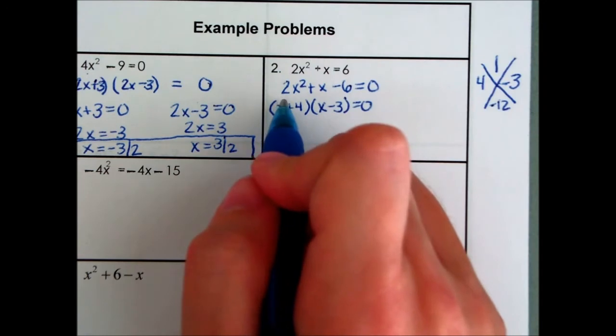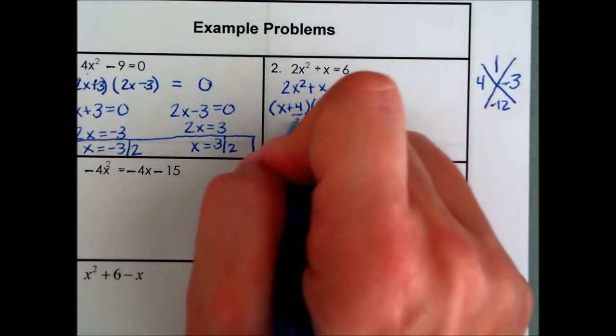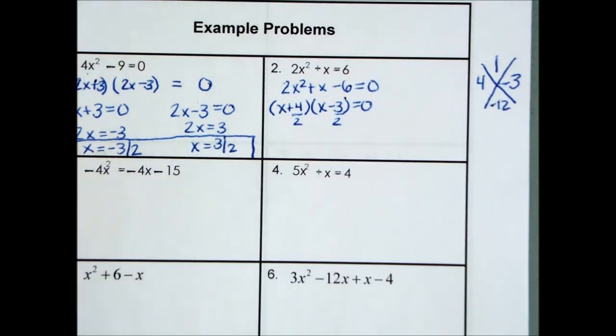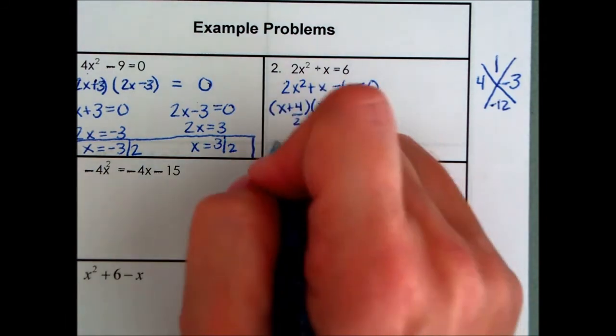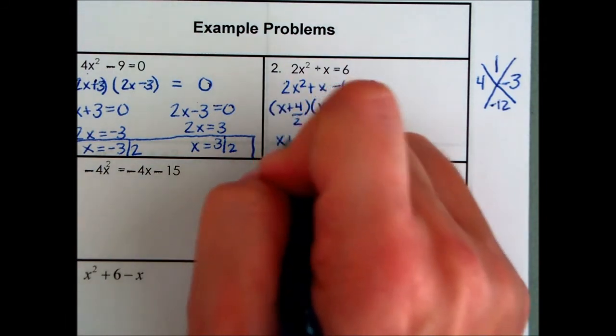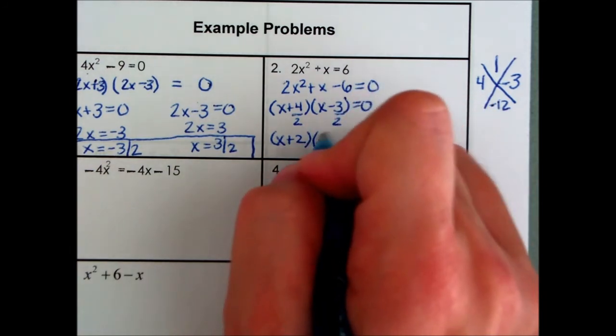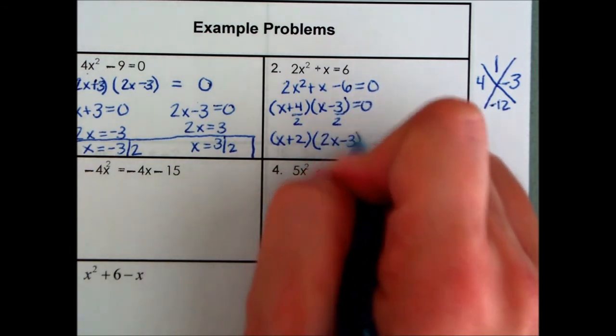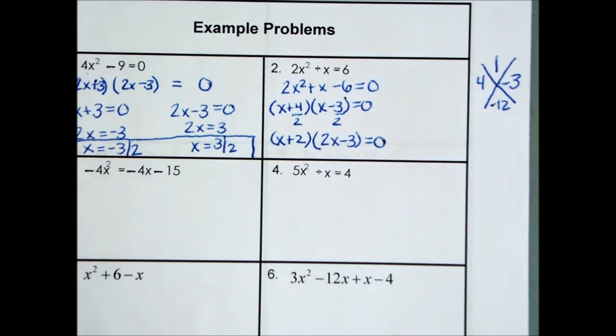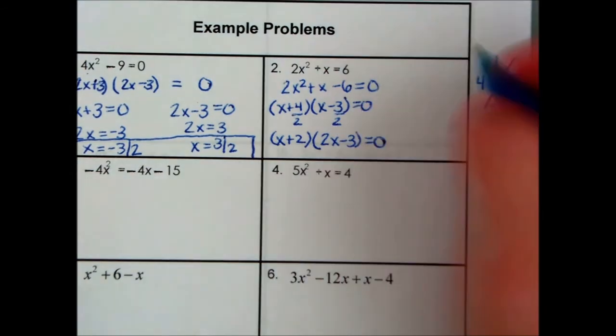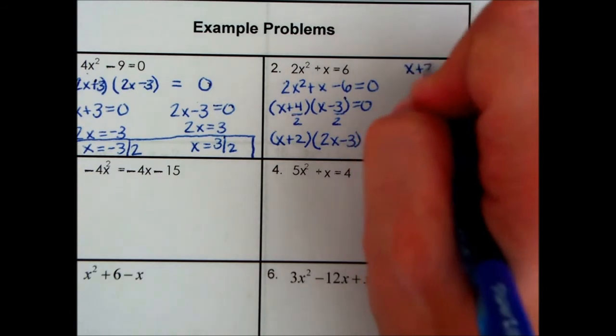But this had a coefficient other than 1, so don't forget to divide that a out again. So what we're going to get is x plus 2 times, we're going to slip that to the front, 2x minus 3 equals 0. And now you've got to solve both equations. So when we solve this, the first one we're going to have is x plus 2 equals 0.